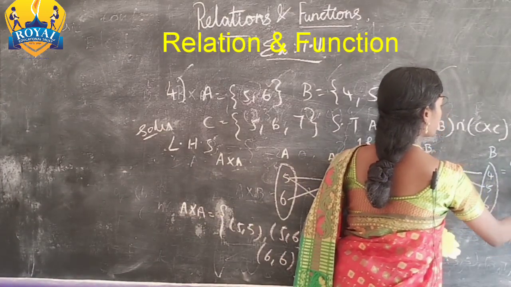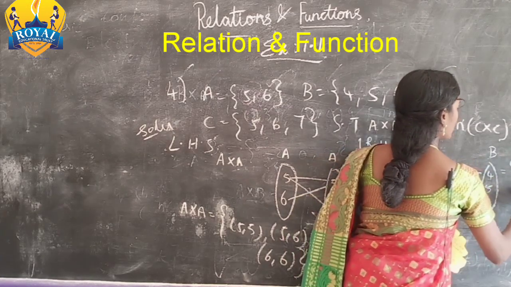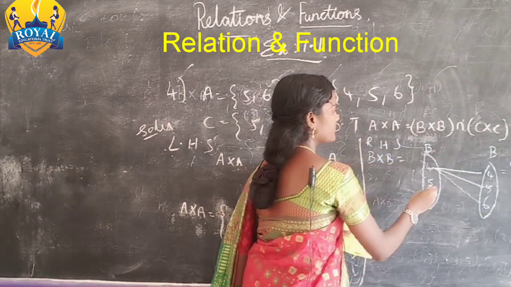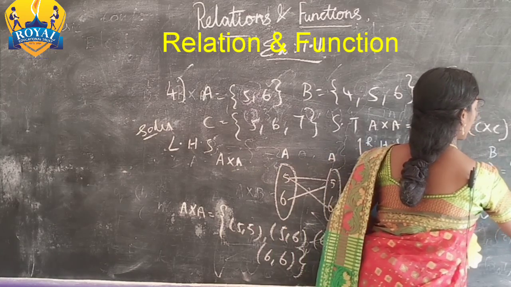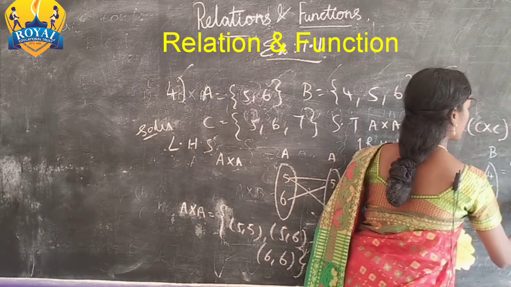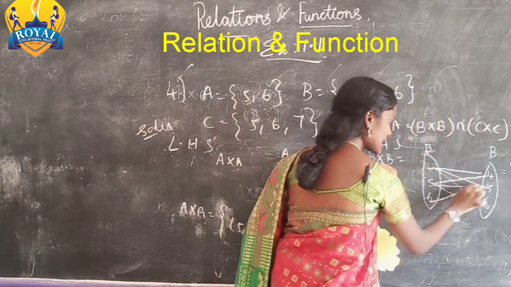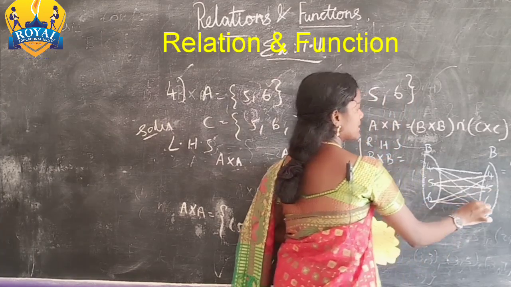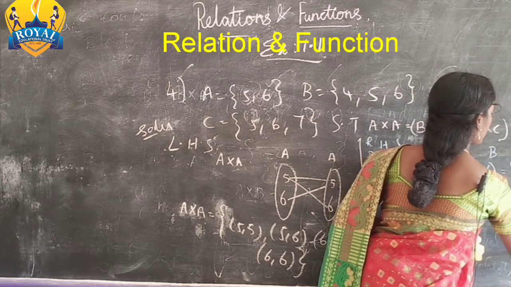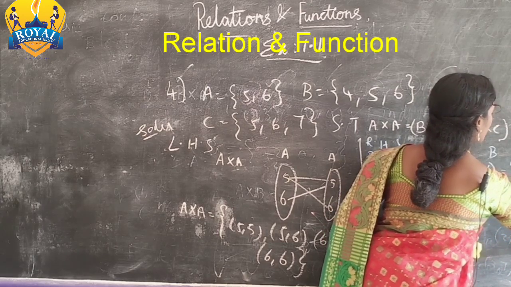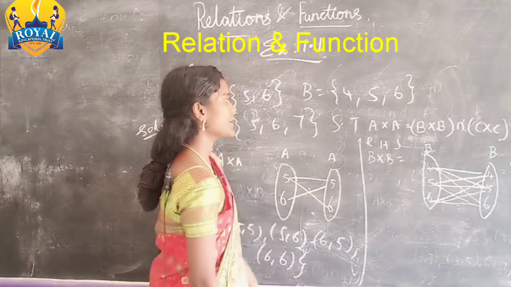Then 5, 4, 5, 5, 5, 6. Then 6, 4, 6, 5, 6, 6. This is the set of pairs for B cross B.